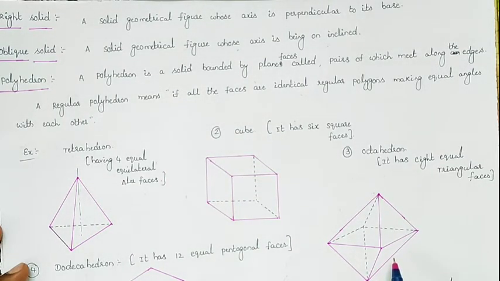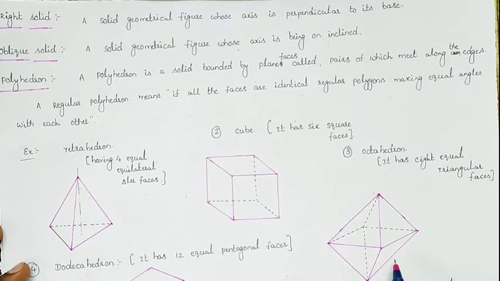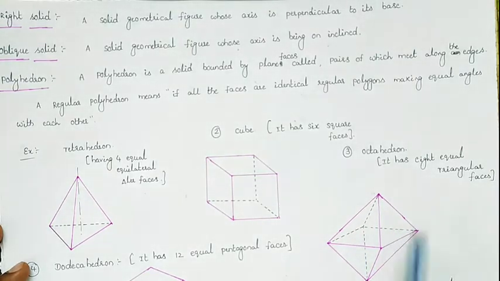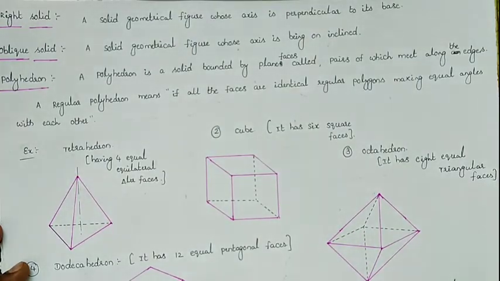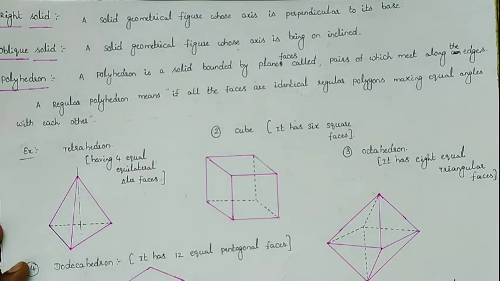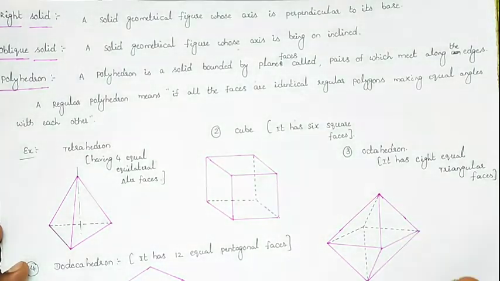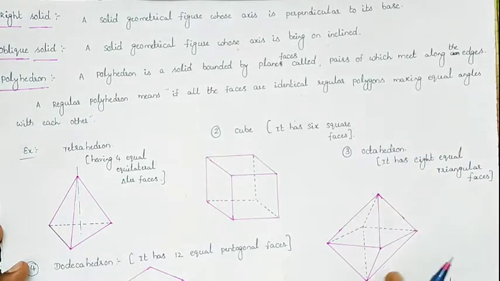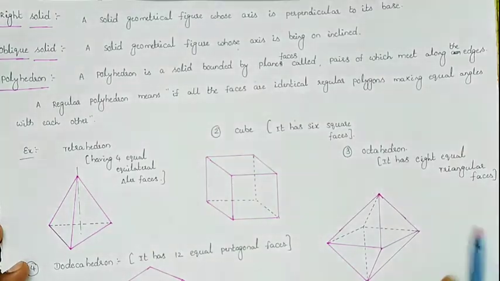So the octahedron is a polyhedron having 8 equal triangular faces. Here 1, 2, 3, 4 on one side, and on the other side also we have 4 triangular faces. So totally the octahedron has 8 equal triangular faces.